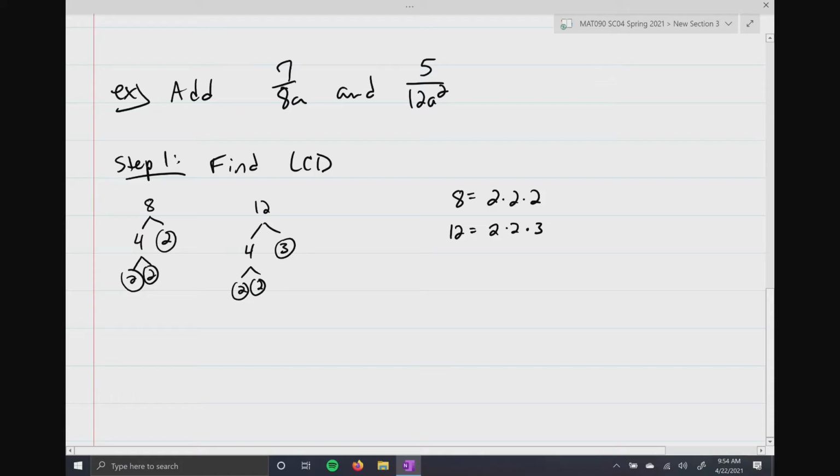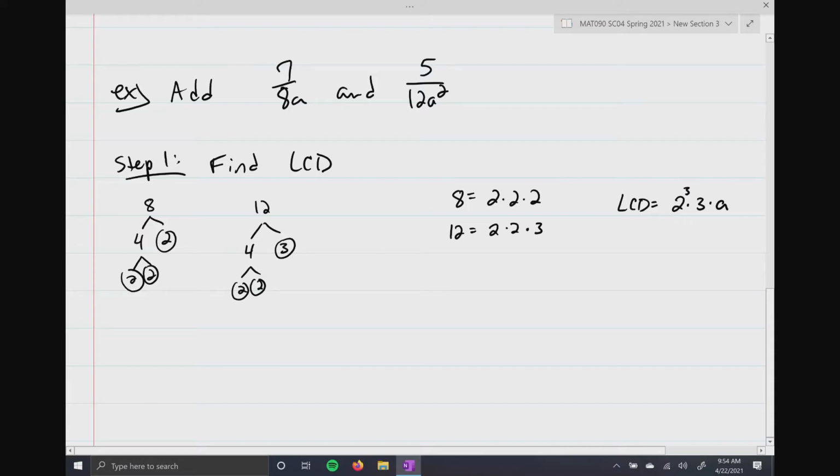Now, my LCD is going to equal the product of unique factors, 2 times 3 times the letter a, and I need to find the most in each factorization. So, the number 2, the most 2's I see are going to be 2 times 2 times 2. So this is going to be 2 to the third.